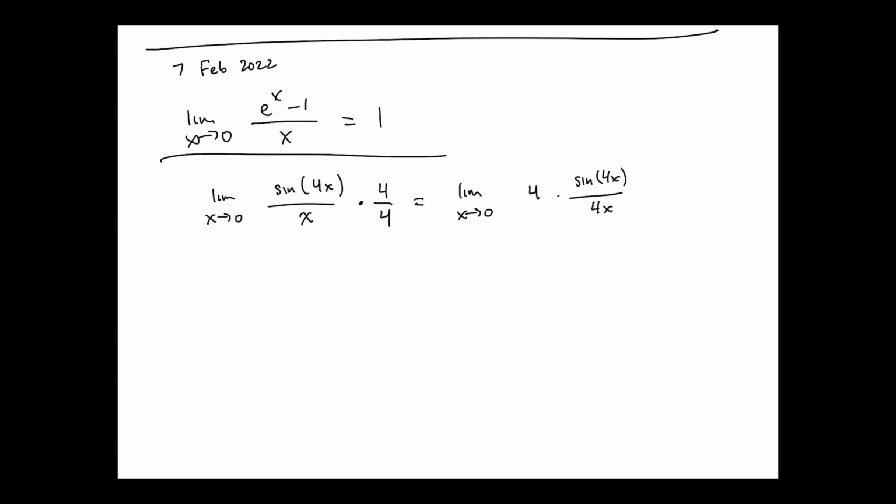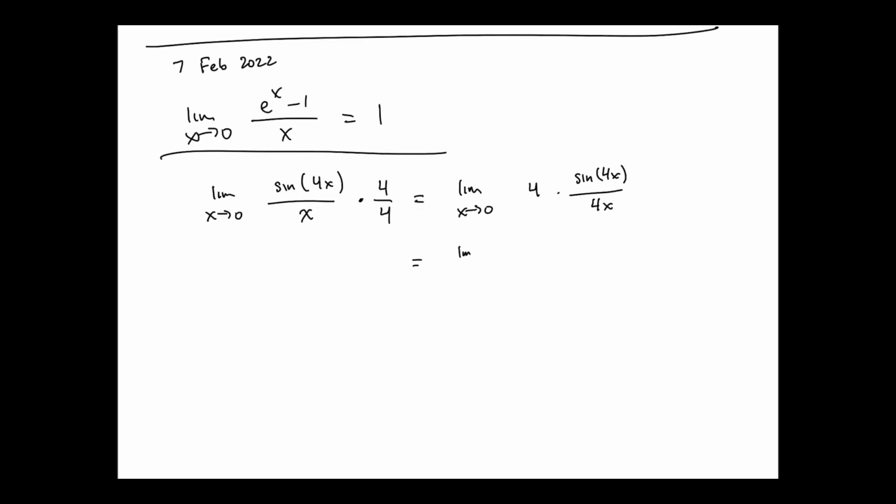Well, as x goes to 0, 4x also goes to 0, right? So this is the same as the limit as 4x goes to 0 of 4 times sine of 4x over 4x. Yes?